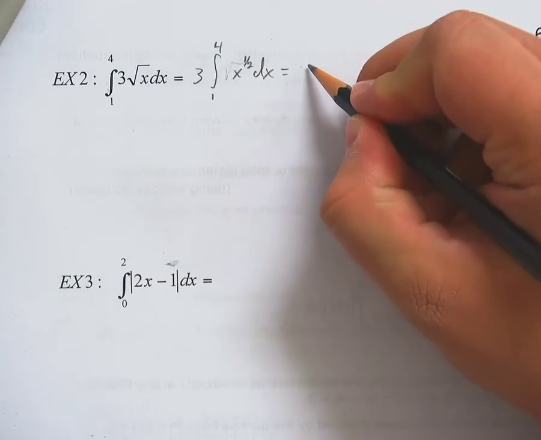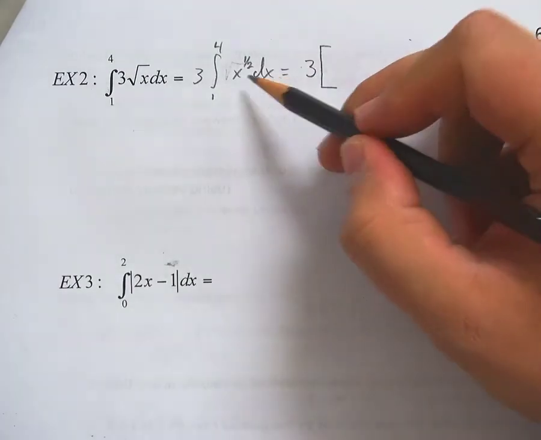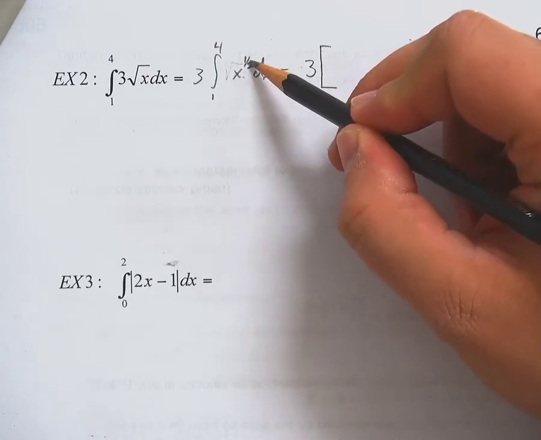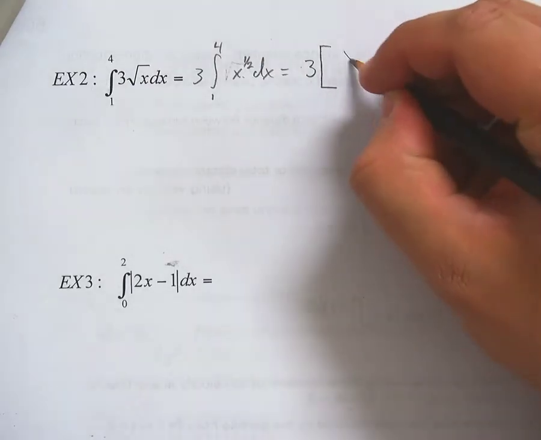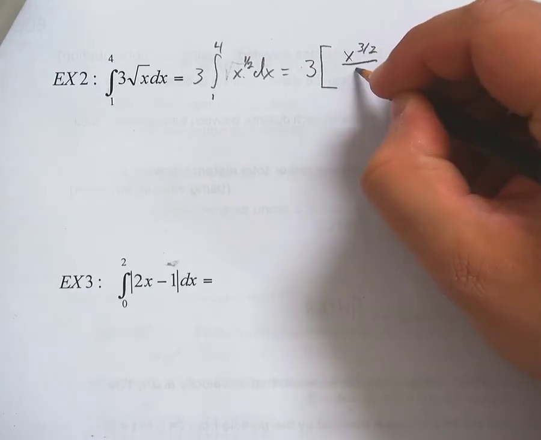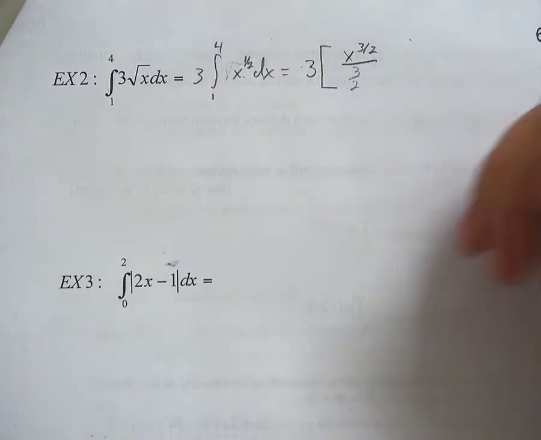Alright, so this is going to be 3 times, and let's integrate. This will be x to the 3/2 over 3/2. When I do the over 3/2 here, you know that's going to pop the 2 up, right?